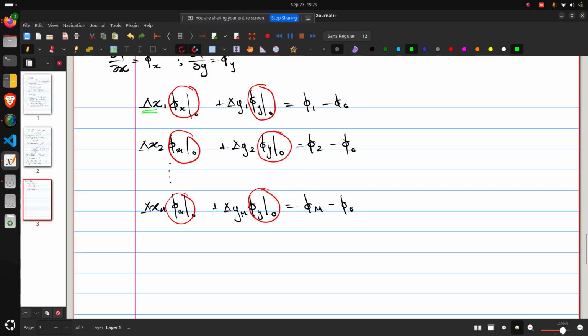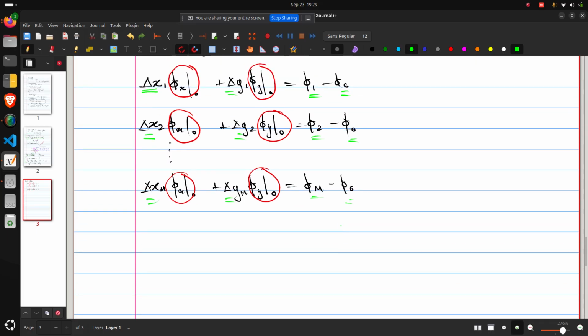We very well know delta x1, delta x2 and all these things, because these are just the distances between the cell in consideration and its neighbors in the x and y direction. And the phi values are also known to us. These are coming from the previous time step values.